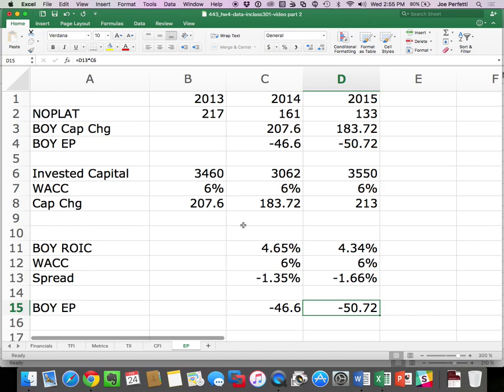So here's the thing. If you use beginning of year ROIC and beginning of year capital, the DCF and the EP match exactly to the penny. If you use end of year capital and end of year ROIC, or average capital and average ROIC, the DCF and the economic profit valuations come close. So for purposes of your exam, I want to show you the academically exact to prove that point.